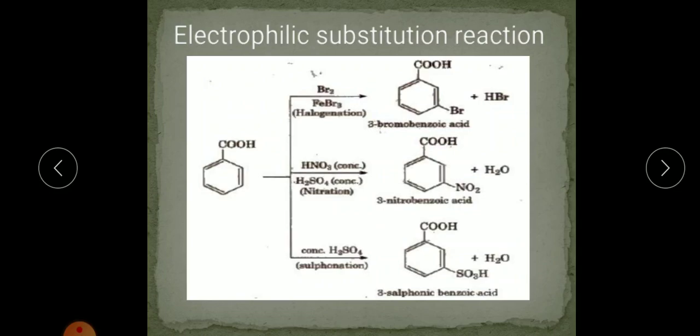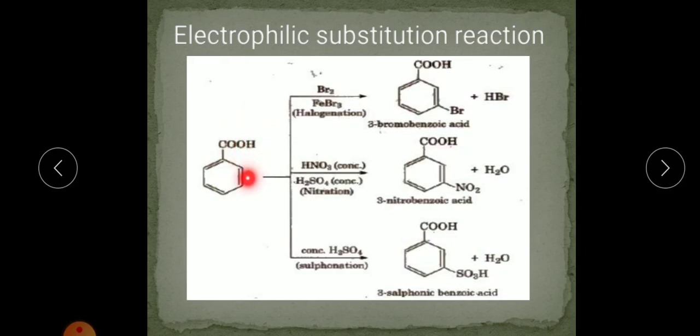Now next we have the electrophilic substitution reaction. To understand electrophilic substitution, first we have to identify what type of group COOH is on the benzene ring, whether it is electron donating or withdrawing. As per your knowledge, this carboxylic acid, like benzaldehyde, is an electron withdrawing group.